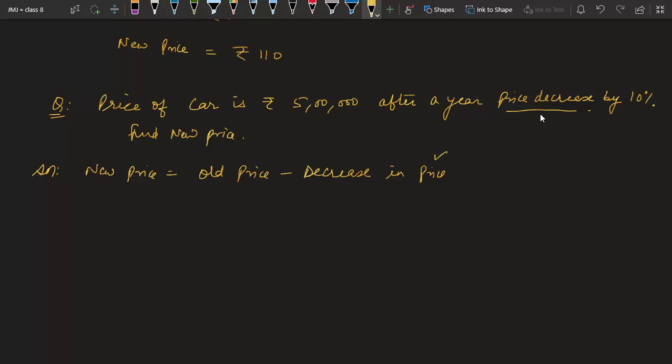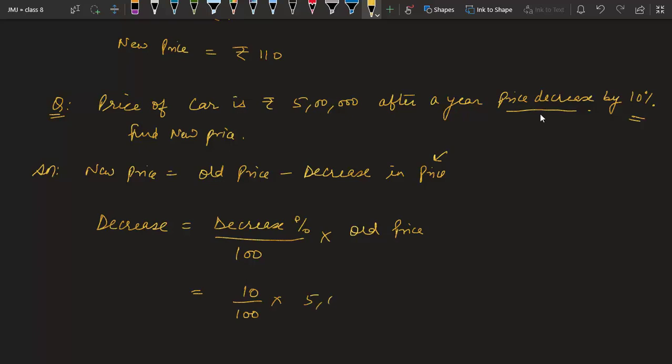We cannot just write 10 over here and find the answer because it is 10%. It is not the value. So again we have to find the decrease in price. Decrease will be given by decrease percent upon 100 multiplied with old price. So that is 10 upon 100 into 5 lakhs. So we'll cut it like this and the answer will come out as 50,000.